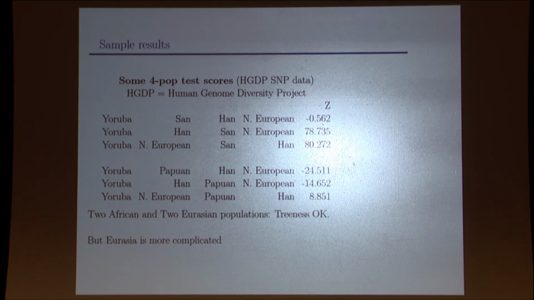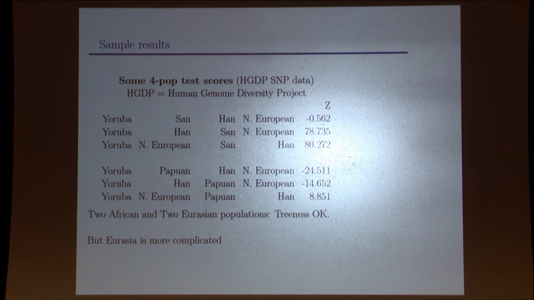And so we compute our D statistic, and the Z-score is minus 0.56. Totally boring. And you try the other two trees, and you get 78 and 80 sigma.